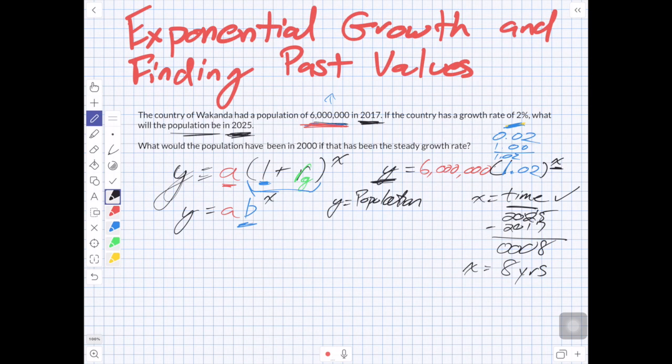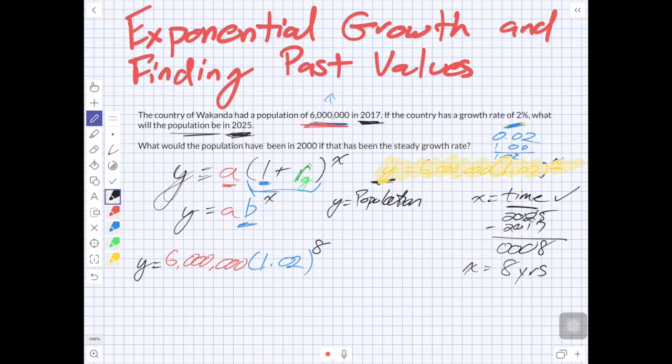Let's rewrite this formula we have. So y now equals still our 6 million population starting rate. The growth rate is 1.02, which means it has a 2% growth rate. And the time that will pass is going to be 8 years.